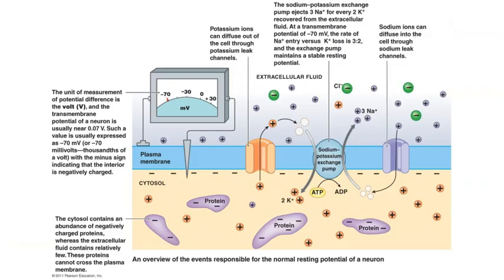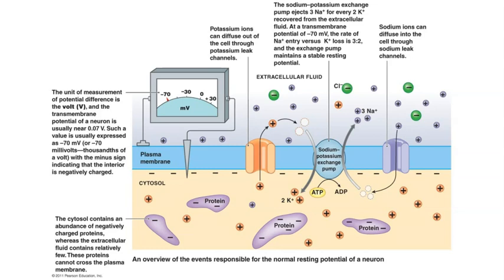So this diagram summarizes the establishment of the resting membrane potential, or the resting membrane voltage. In this context, the cell is at resting membrane voltage when it is not being stimulated. There are two important substances that contribute to the resting membrane voltage, and those substances are sodium and potassium.